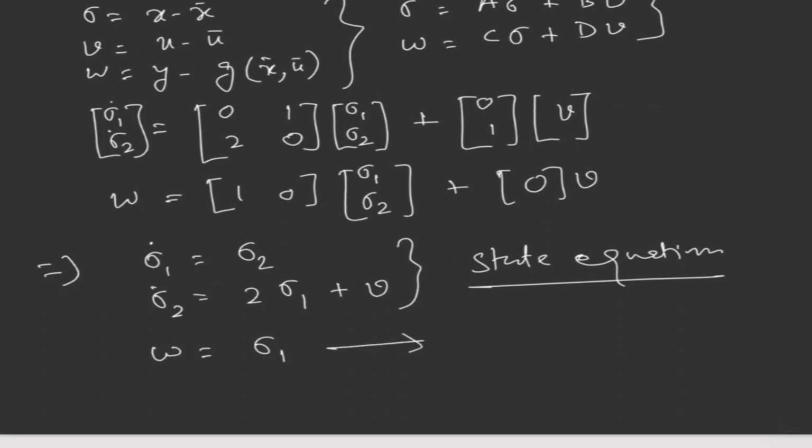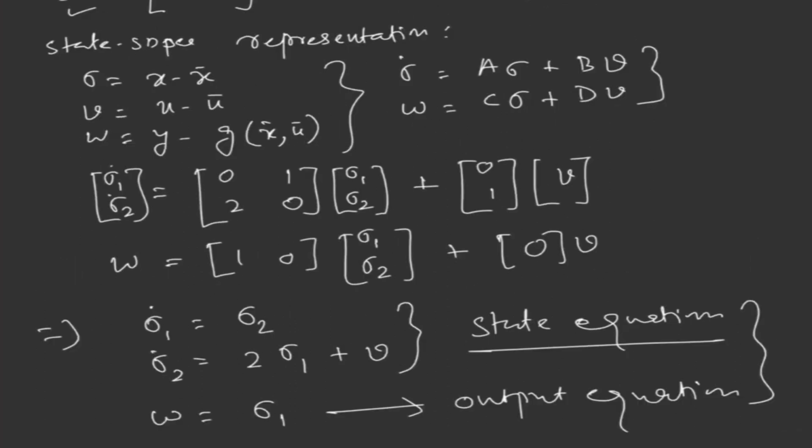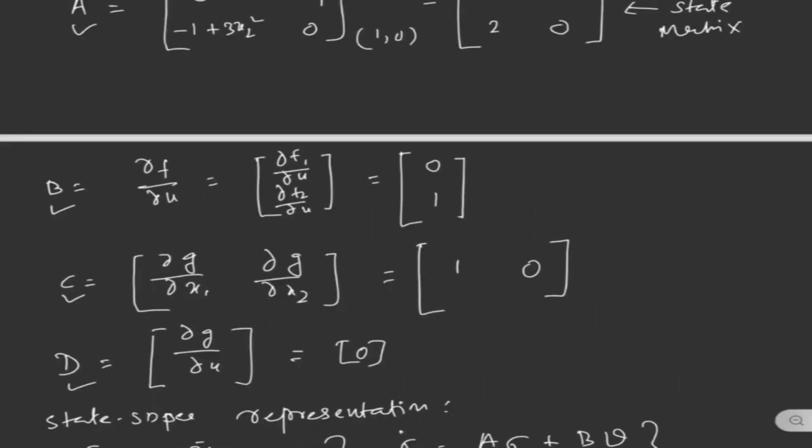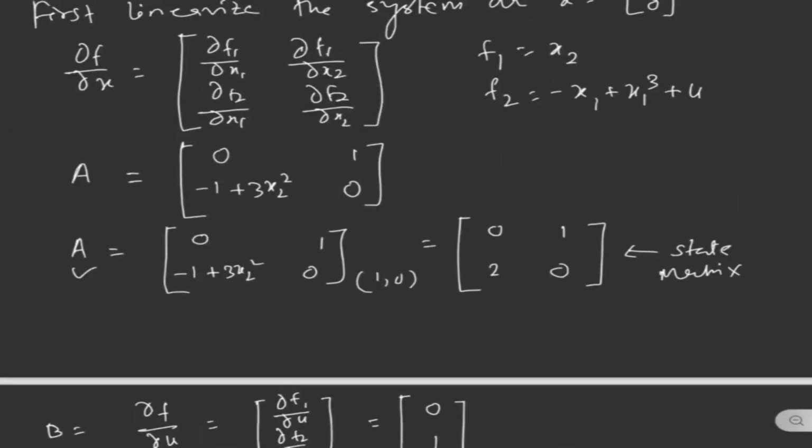So this is the linear model we found for the equilibrium point 1, 0.